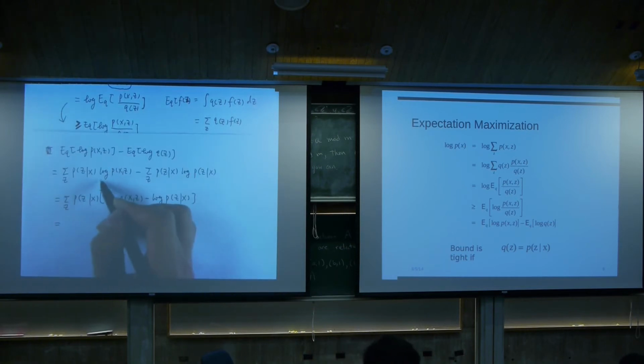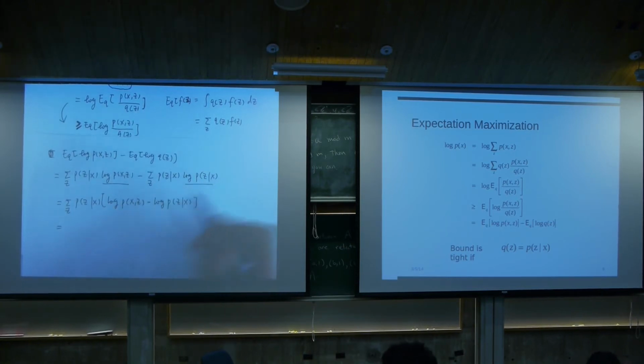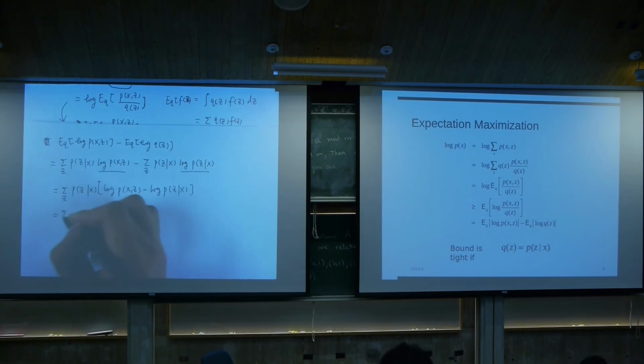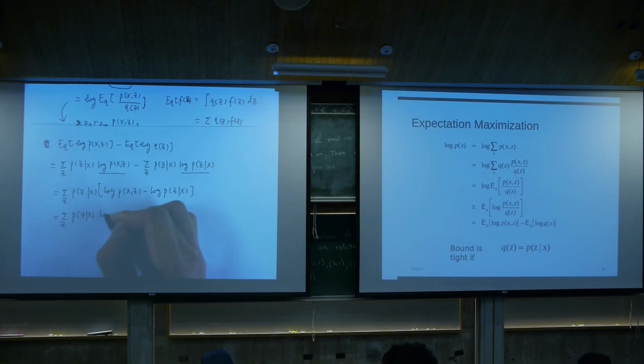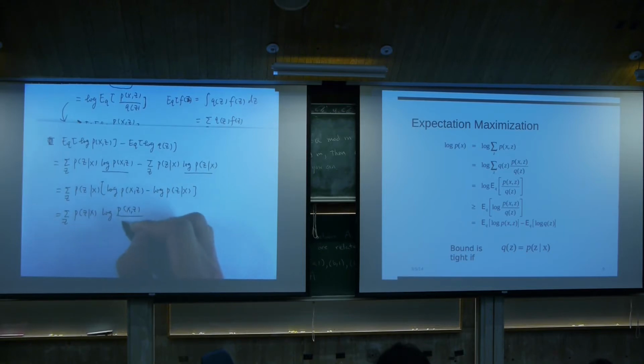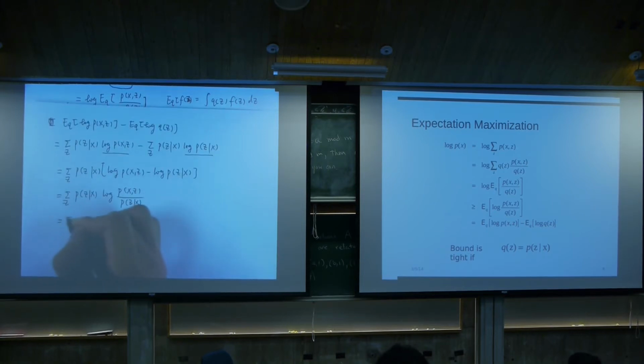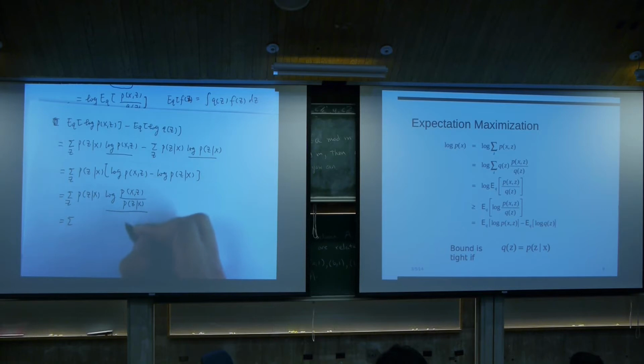We put these two terms together into this sum. This is log P(X,Z) over P(Z|X). And this term here is log P(X), right?